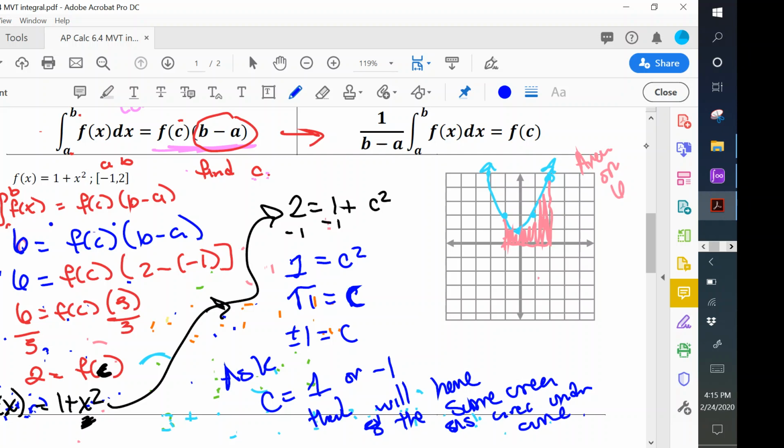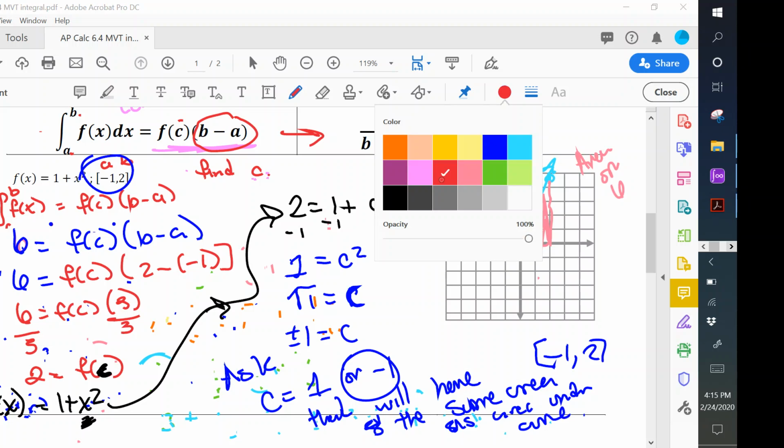So negative 1, is it on the interval? Is negative 1 in the interval that we just found, negative 1 to 2? Well, if I made a rectangle right here at negative 1, there's no width because it starts at negative 1 and it ends at negative 1. So you should probably think that this negative 1 does not work for us.